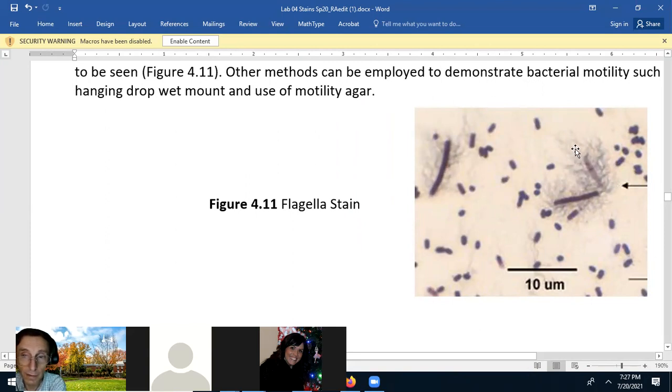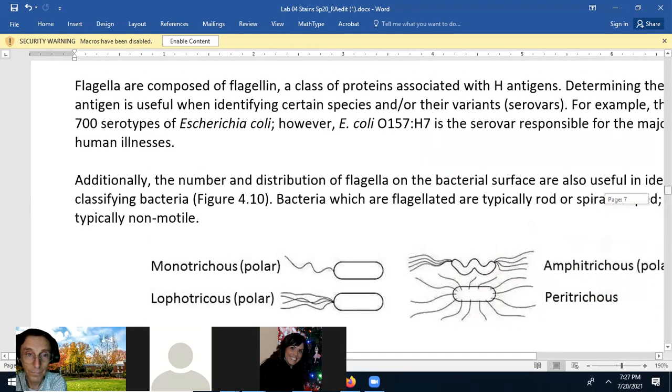Like this one here is clearly peritrichous, but this one here, is that one or two? That one's clearly two flagella, so that would be a variation of amphitrichous. Okay?